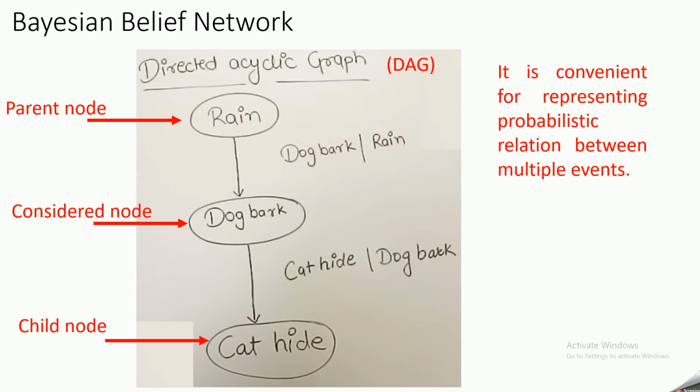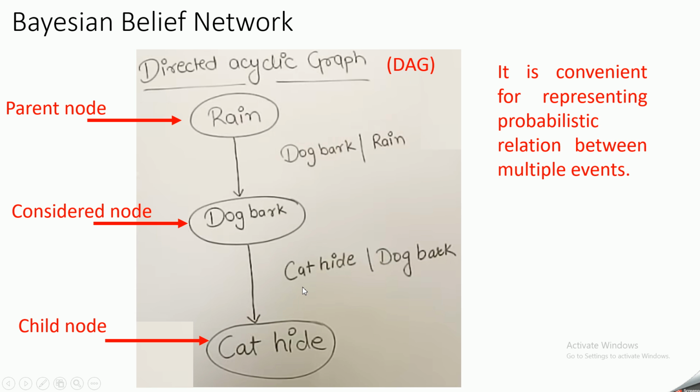The node above the considered node is called the parent node, and the node below the considered node is called the child node. Basically, a dog barks only when it is raining. So this is how it is represented: dog barks given that it rains.